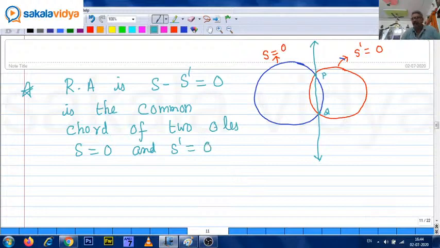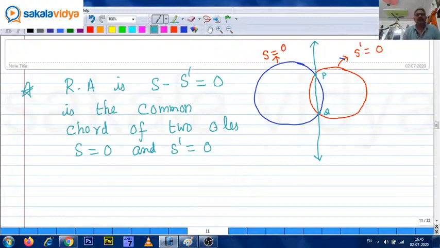That means if the equations of the two circles are given, then the equation of the common chord is nothing but the radical axis itself. So if the two circles cut each other, then the radical axis is nothing but the common chord only.